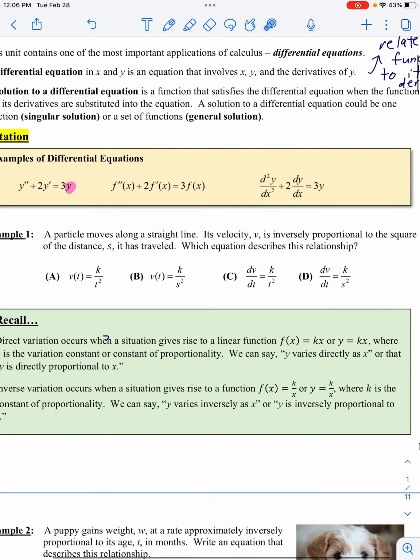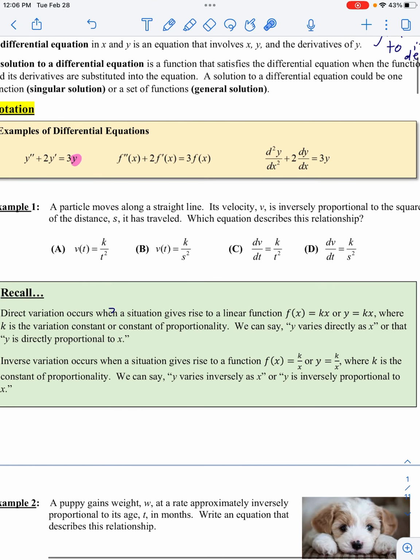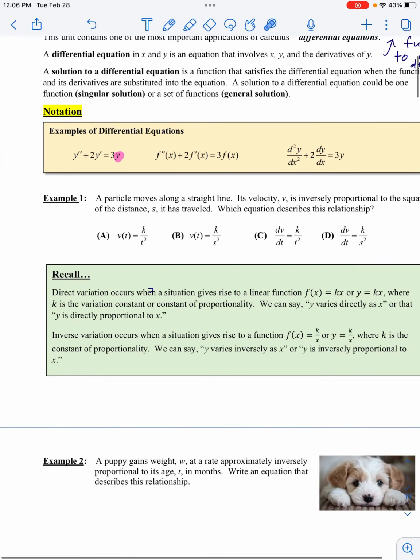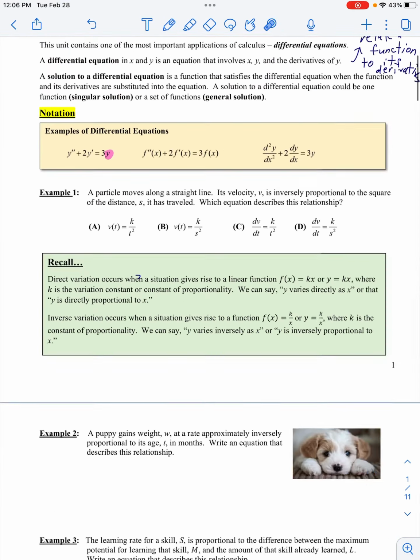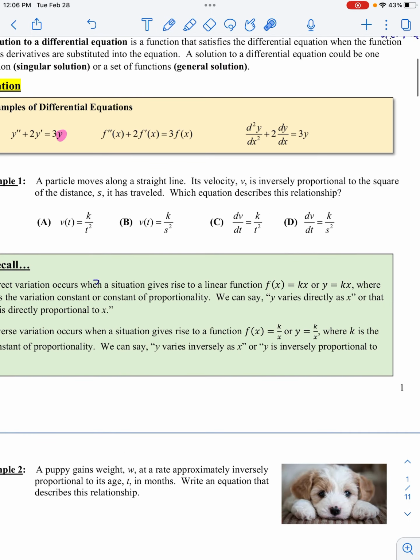Example 1. This example is not about solving a differential equation. We're just trying to pull our differential equation out of this word problem. A particle moves along a straight line. Its velocity v is inversely proportional to the square of the distance it has traveled.